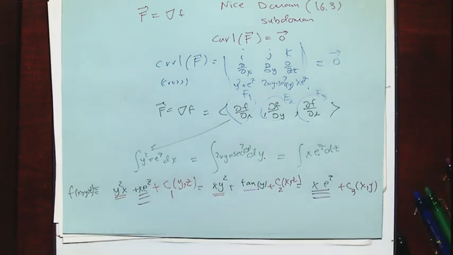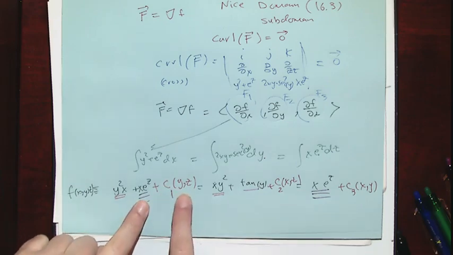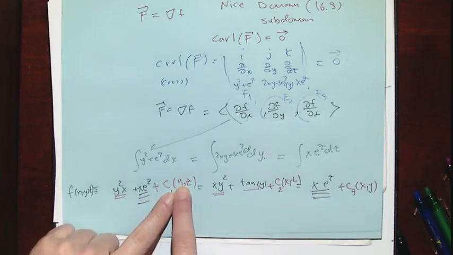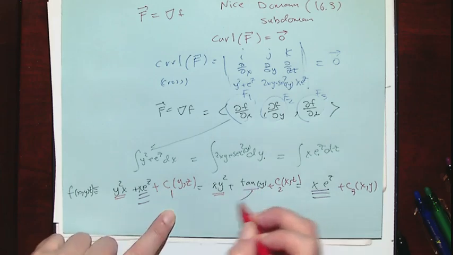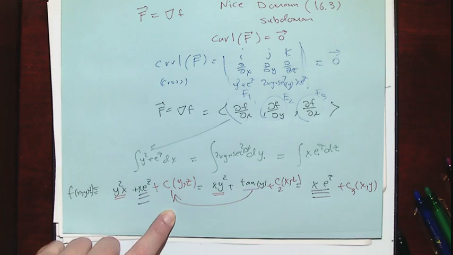So now carefully check. What could be your constant, the function part of it, not the constant part of it? So I'm looking at this, and what are the functions of y and z in the other two? Y and z only. I have that, so this can be part of it.